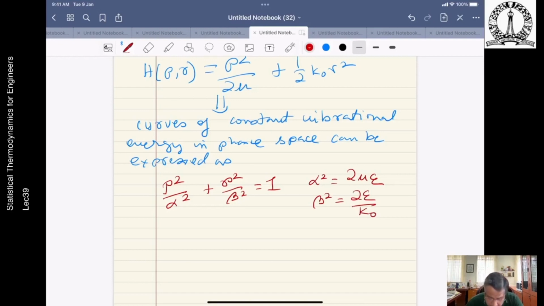These are curves of constant vibrational energy in the phase space.